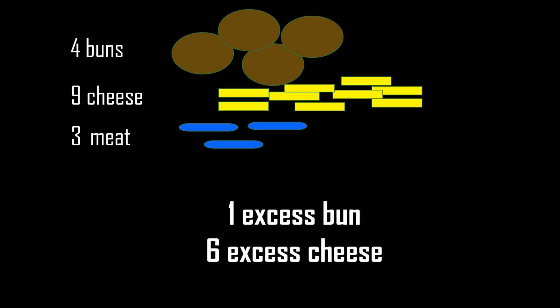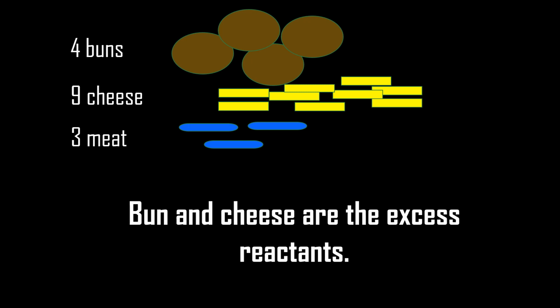How about the remaining cheese and bun? These are the excess in making a cheeseburger. We still have 1 excess bun and 6 excess cheese. In a reaction, this is called the excess reagent or reactant, meaning to say bun and cheese in making a cheeseburger based from the given quantities, they are the excess.